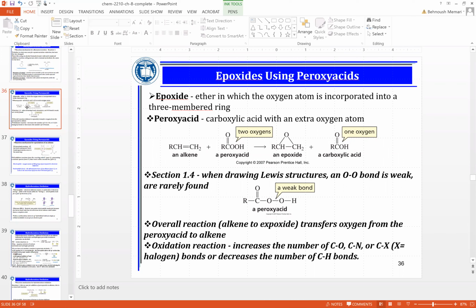Then add specifics. Is this Markovnikov addition or anti-Markovnikov addition, or neither? Is this syn addition or anti-addition, or neither? Is there a chance for carbocation rearrangement? If there is no carbocation formation, then there is no carbocation rearrangement.